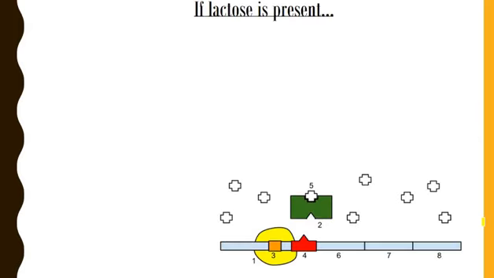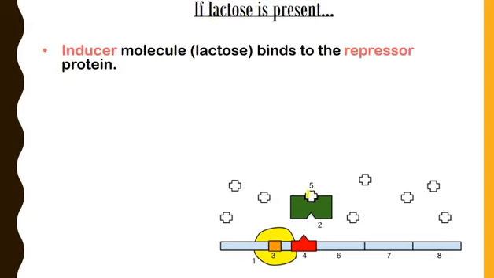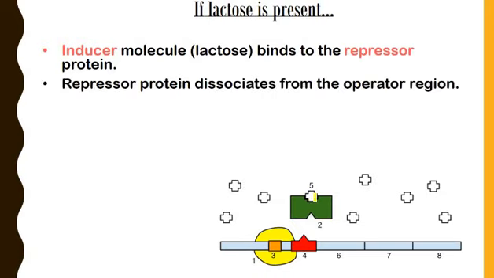So if the bacterium is found in an area where lactose is present, and the bacterium obviously wants to make use of this lactose, what we have is the inducer molecule, the lactose, binding to the repressor protein. That means that the repressor protein changes shape and so disassociates from the operator region, so it just leaves.